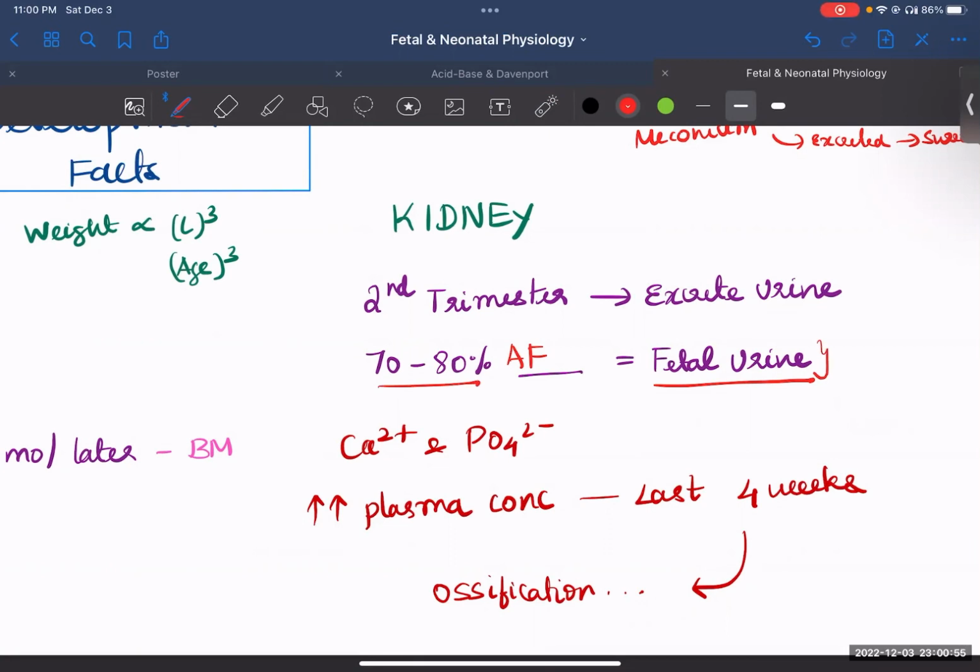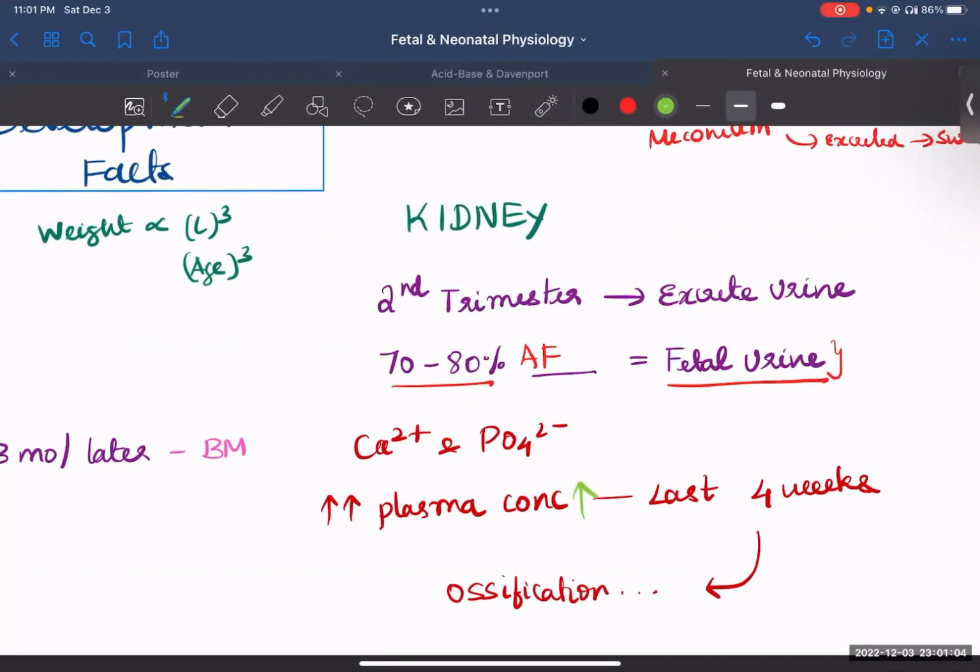Now, finally, what about calcium and phosphate ions? See, the calcium and phosphate ion concentration will increase in the plasma in the last 4 weeks. Why? Because in the last 4 weeks, you will have ossification of your bones, and there will be growth, and there will be an increase in weight. So look how coincident it is.